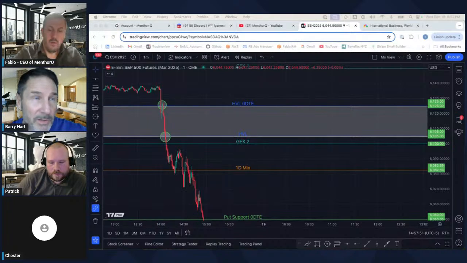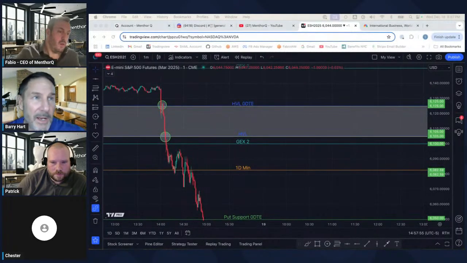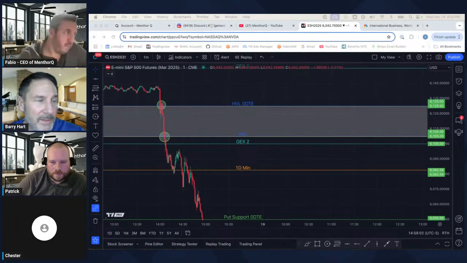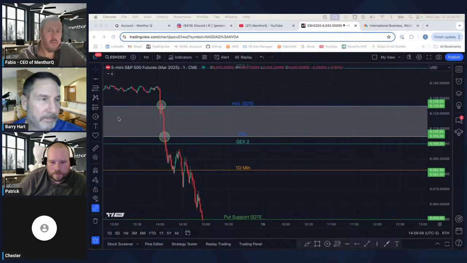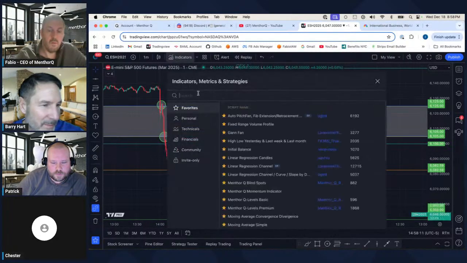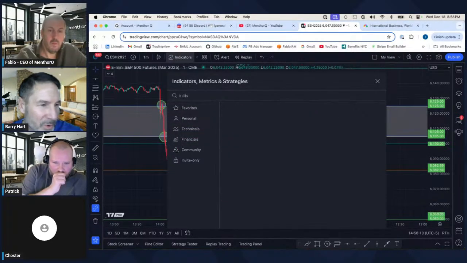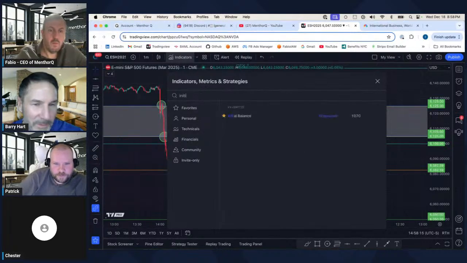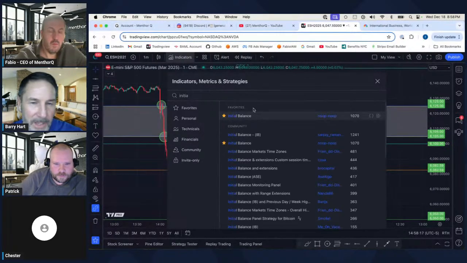Most charting packages have that. It exists in TradingView. I looked this up earlier. The one I'm using is initial balance by Noop. I use that one.